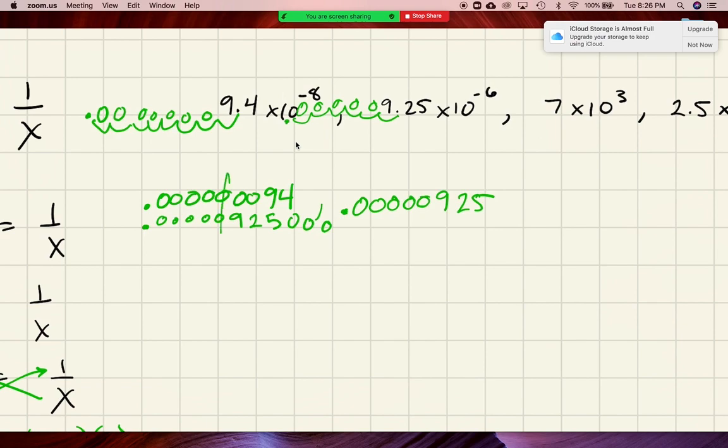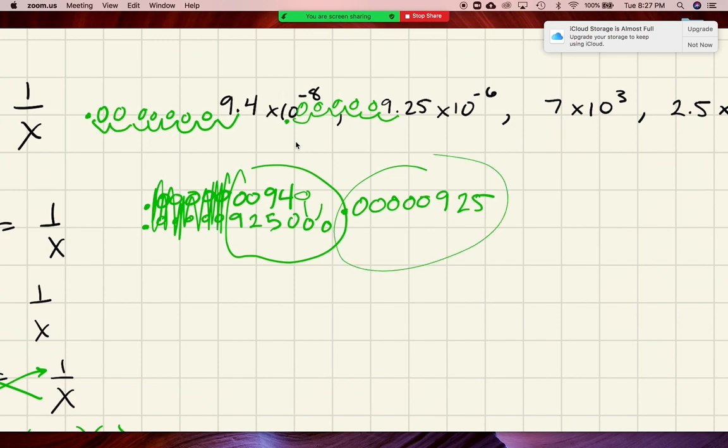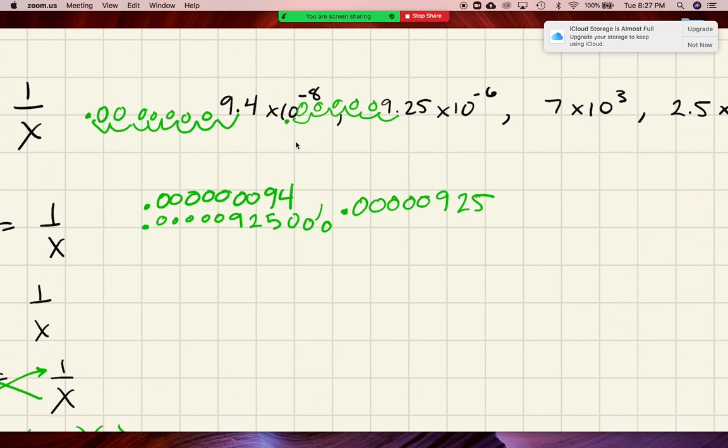But if you get rid of this part and lined up all these zeros, this is like 94 if you think about it, and this is like 9,250. So this one is bigger. So that's in the correct order, just because it has fewer zeros before the numbers show up.